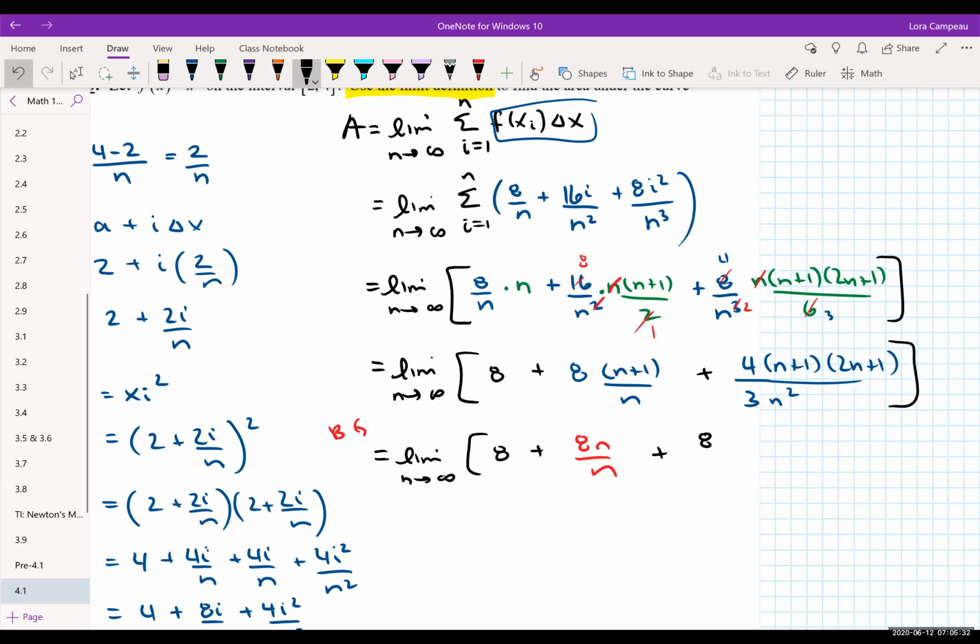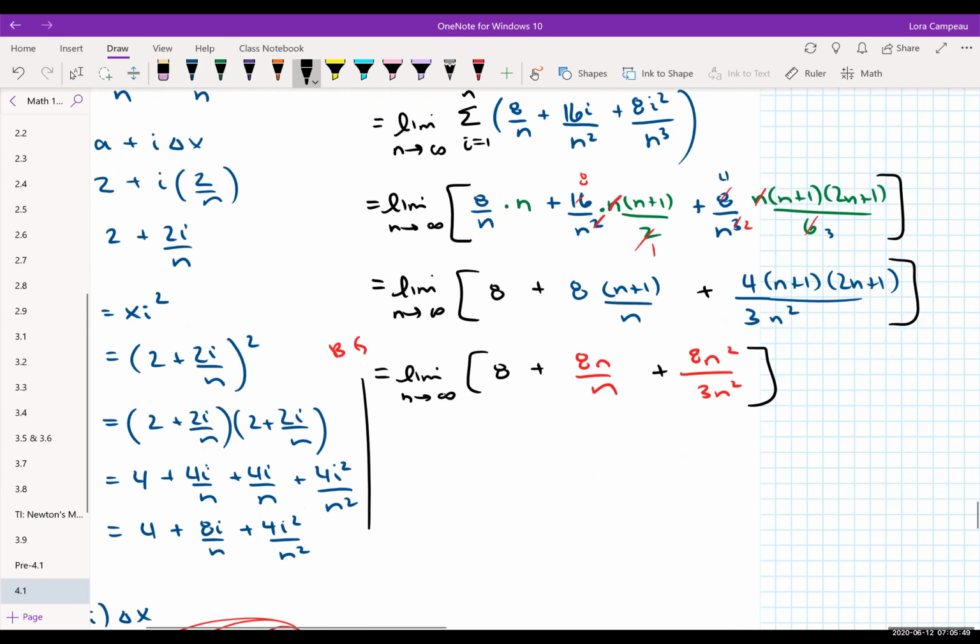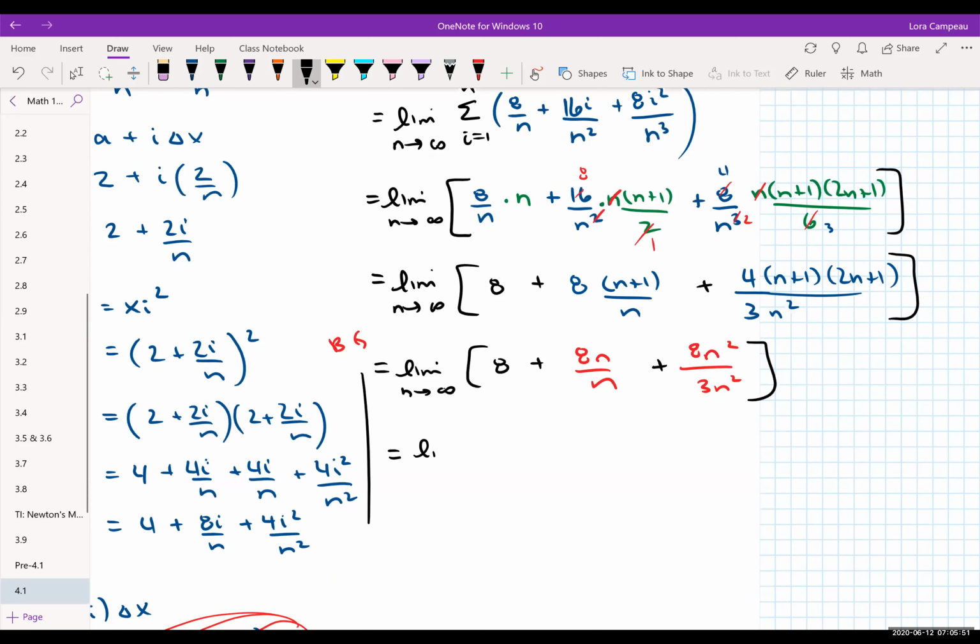So 8n squared all over 3n squared. So that's me using Bill Gates. Now you want to simplify just a little bit. What do I have? n approaches infinity. I have 8 plus 8 plus 8 over 3.